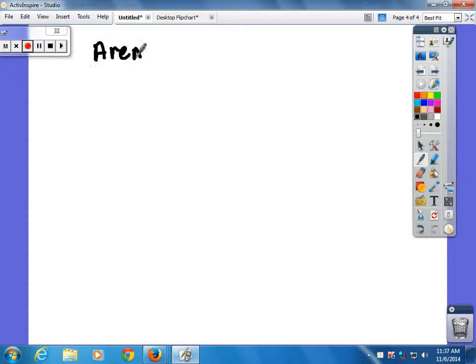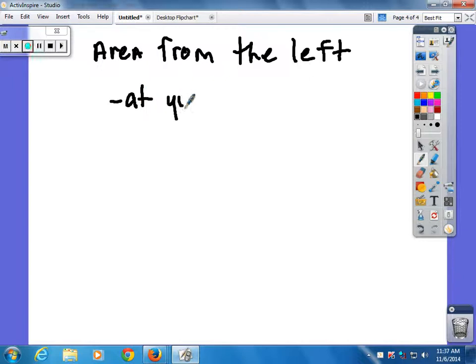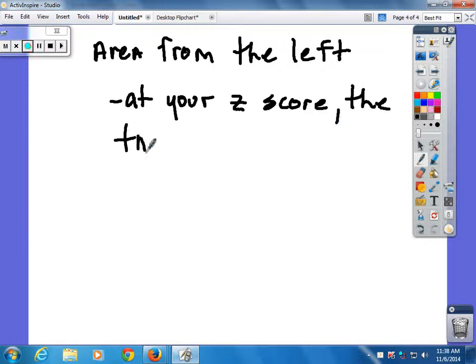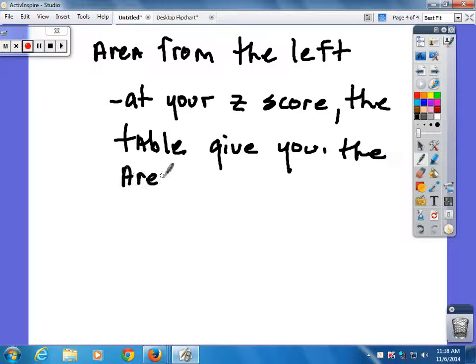Area from the left means that at your z-score, the table gives you the area to the left of the z-score.